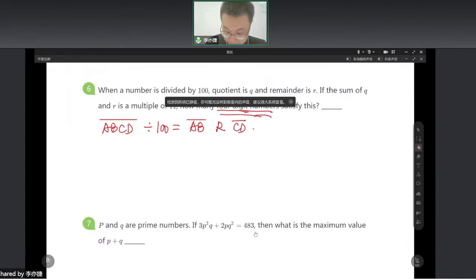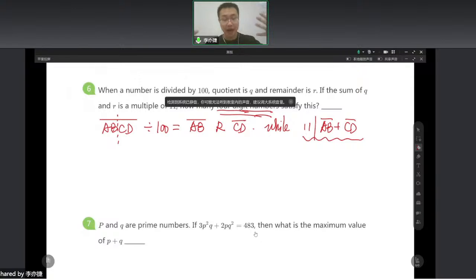And we have AB plus CD equal to a multiple of 11, so 11 divides this. Now how to make use of this? Don't worry about the order; this order is from when I received the question, not the actual order of this question.